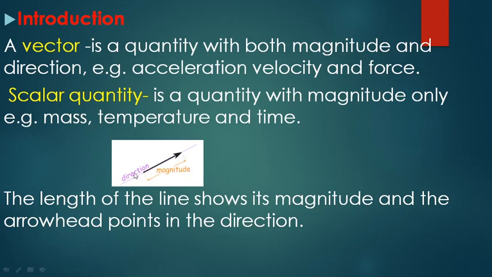This is the magnitude. And this one shows the direction. So the length of this line, as I've said, shows the magnitude. The length is the magnitude, and the arrowhead points towards a given direction, as I've explained.